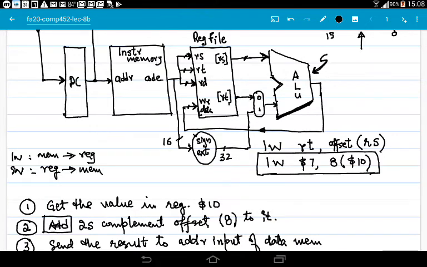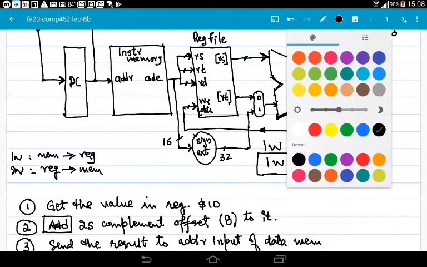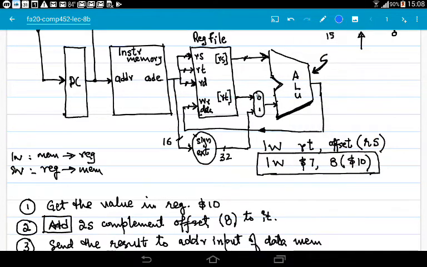So we have a multiplexer here, and this multiplexer is certainly going to have a control signal, and it will be a one-bit control. We call this multiplexer ALU-SRC. Now this ALU source multiplexer is going to be controlled by the control logic, and we are not discussing the control logic right now.